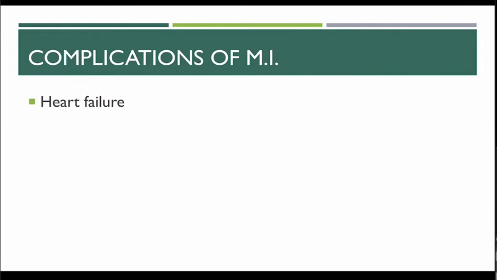One of the things that can happen is that a patient can go into heart failure. And as you guys hopefully know, heart failure means there's a decreased ability to maintain cardiac output. So if the ventricle has a huge chunk of it that's experiencing cell death or hypoxic injury, it is not going to be able to generate a good, strong contraction to maintain the stroke volume.